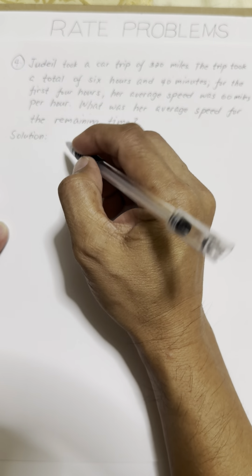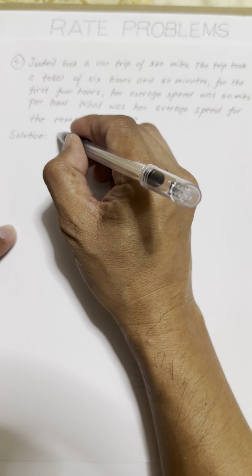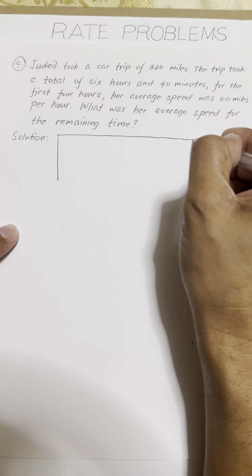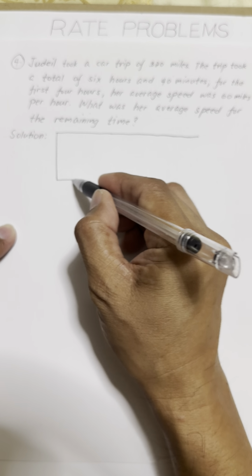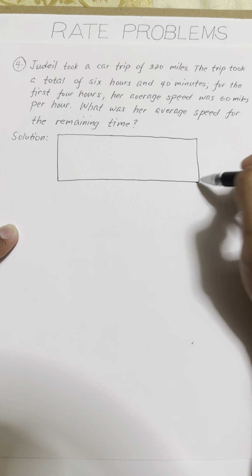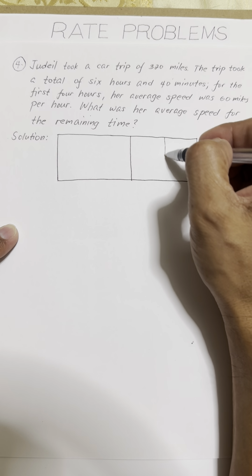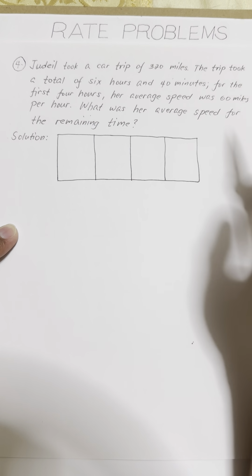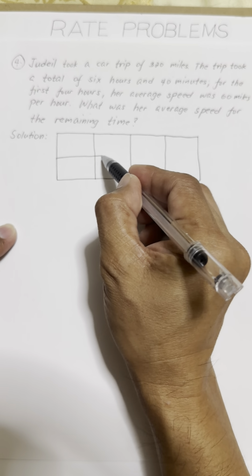So I think we have to do a 4x4 table. A 4x4 table means we have 4 columns and 4 rows. So these are the 4 columns, and let's divide this into 4 rows.